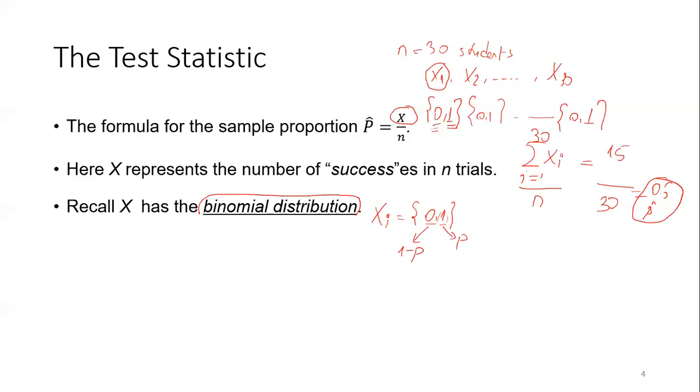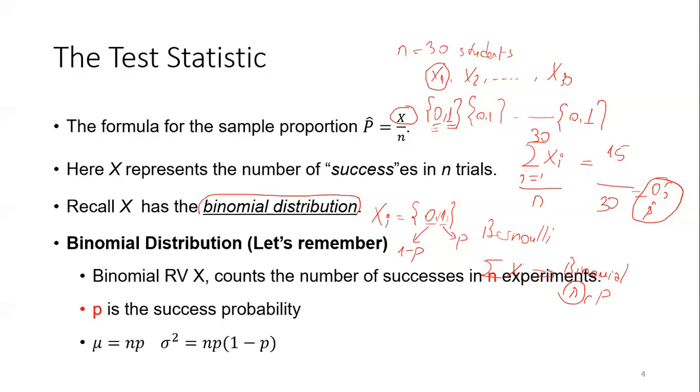So this is a Bernoulli random variable. If you sum n many Bernoulli trials, then the resulting random variable is a binomial random variable. Remember, a binomial random variable has two parameters: n, how many Bernoullis you are summing up, and p, the probability that each Bernoulli has a success.